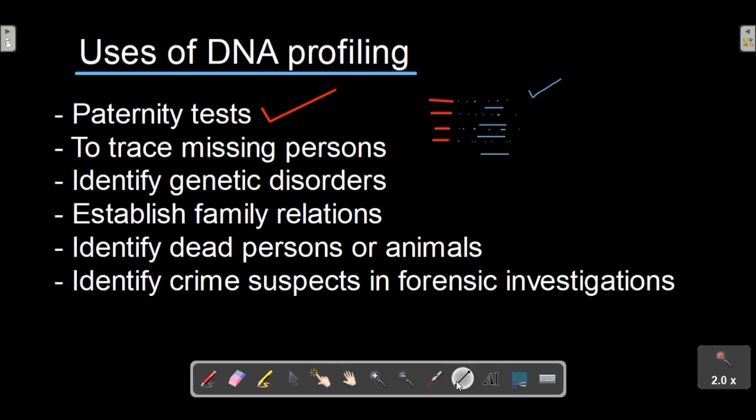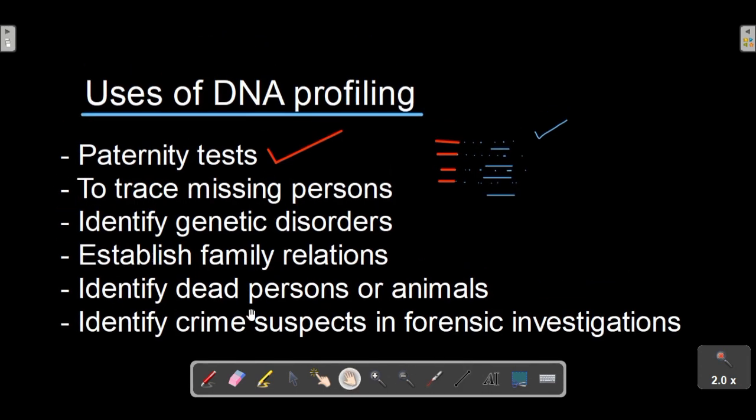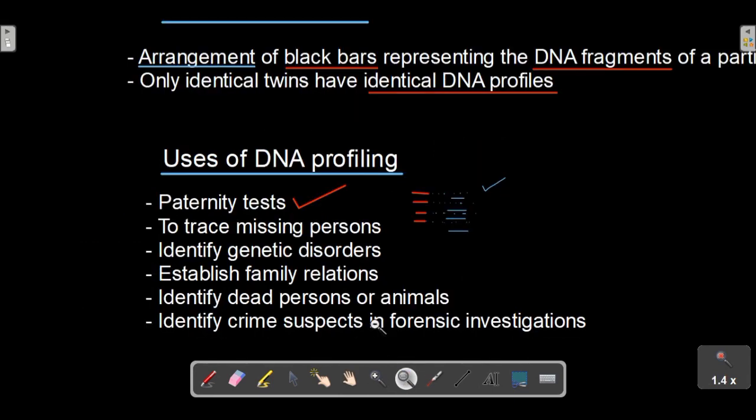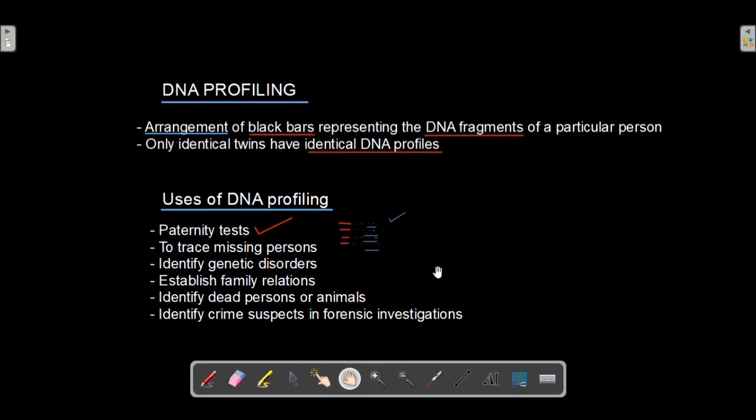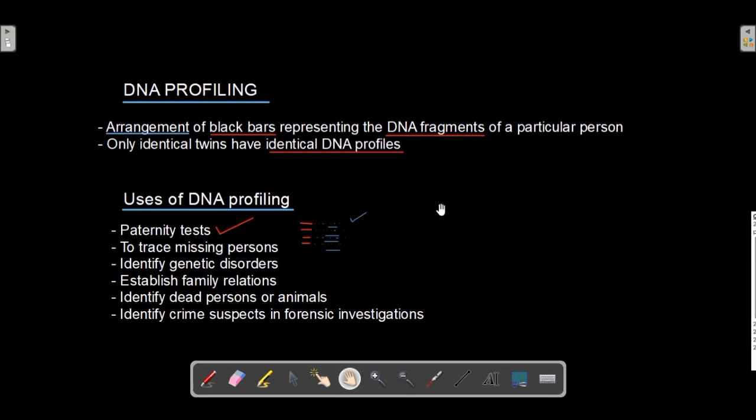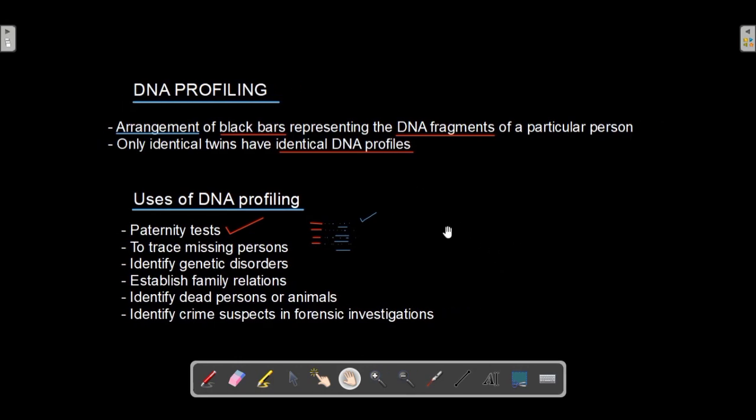This is very important, and guys, know the uses. These are free marks. Know the uses, and know how to match. I've already given you the reason. Match well.